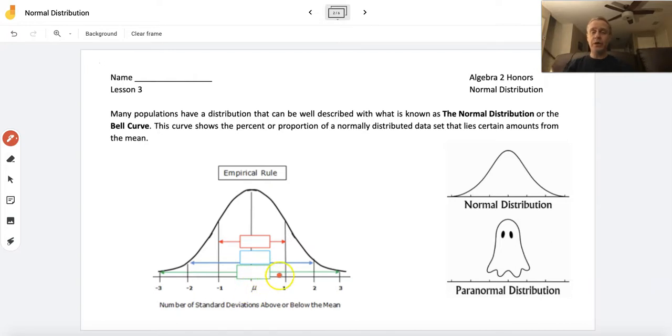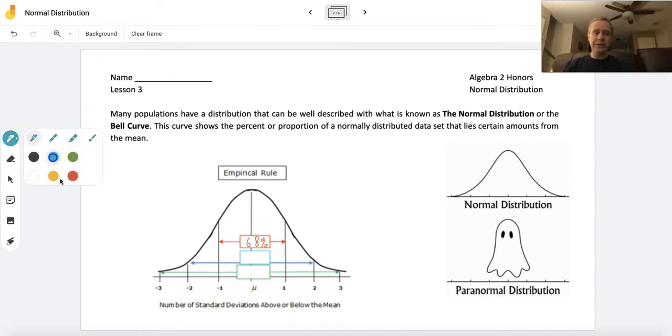When we go from one standard deviation below the mean to one standard deviation above the mean, we will always find 68% of all the data in this population. If I can get that in there. There we go, 68% of the data. That will always be true when you have normally distributed data: 68% of that data lies within this range, from one standard deviation below to one standard deviation above your mean.